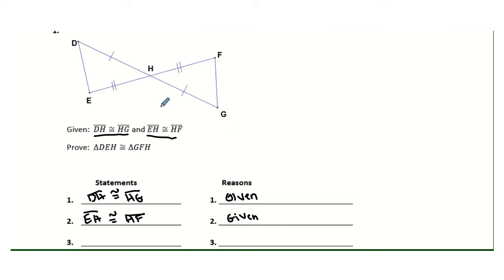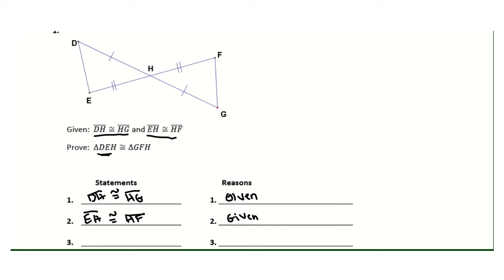You always want to check your diagram and make sure that the given information is labeled. So DH is congruent to HG, and EH is congruent to HF. So that's already marked and labeled for us, so that's nice. So I'm trying to figure out how to prove that triangle DEH is congruent to triangle GFH.